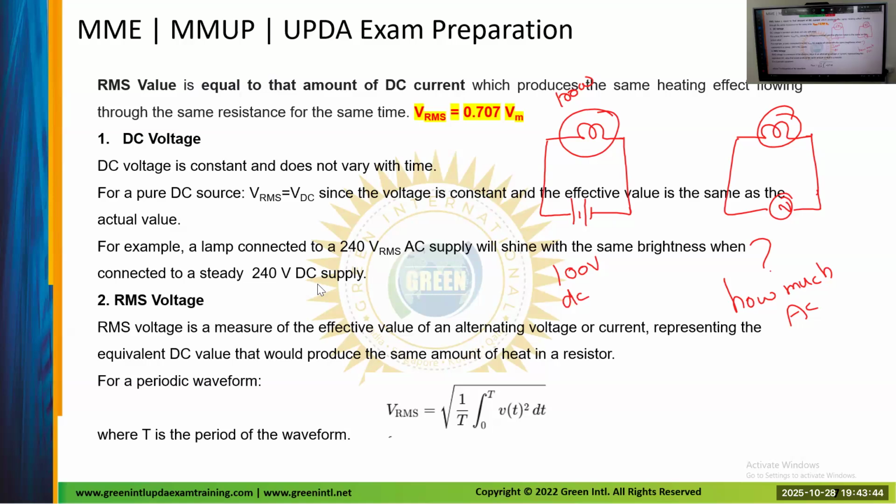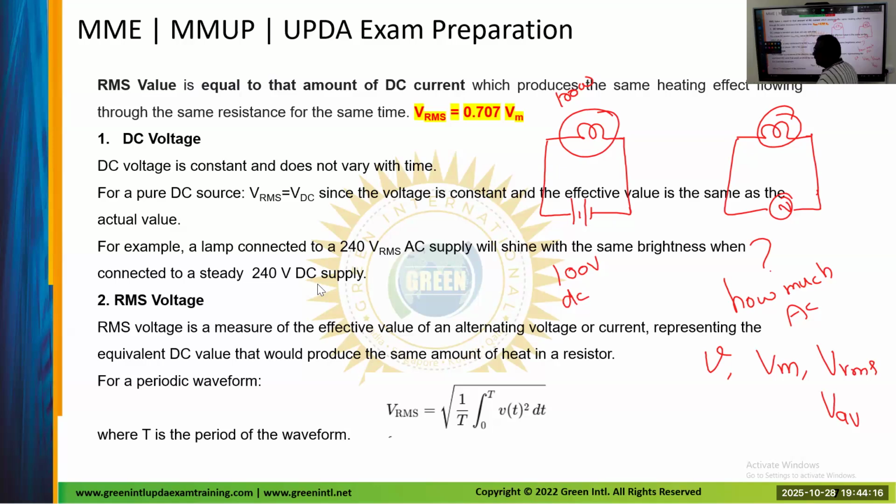That is the relation with the RMS quantity. Here is the 100 volt DC supply, here an AC supply. For the AC supply, we may say instantaneous voltage, maximum voltage, RMS voltage, or average. We have four different terms. Which term do we need to refer to?